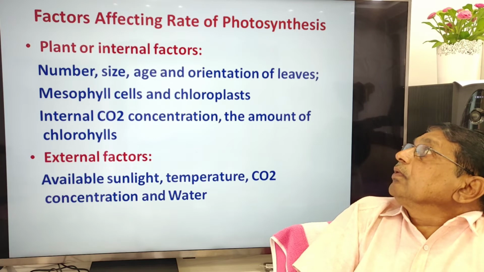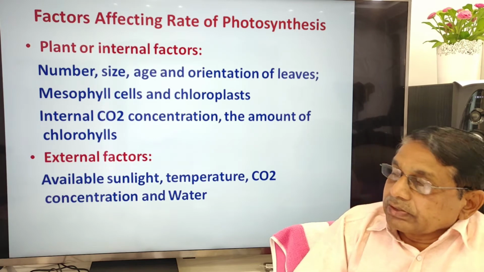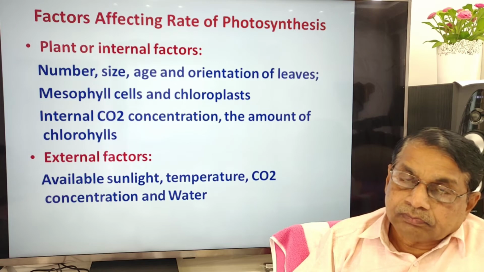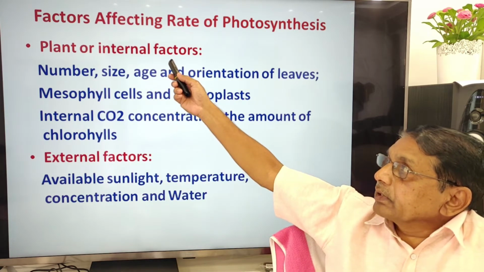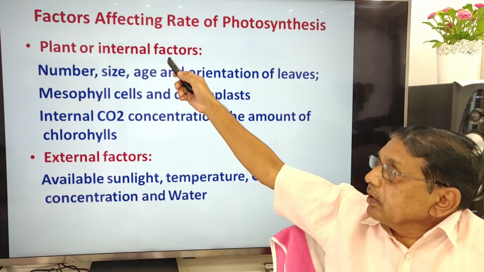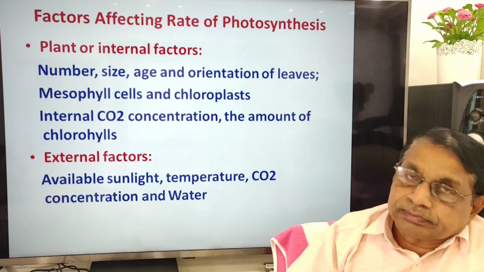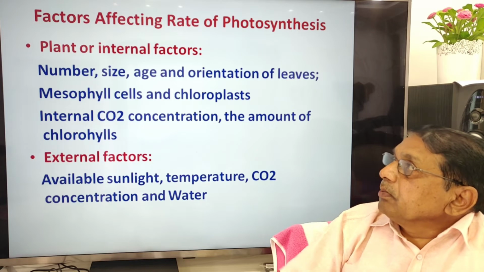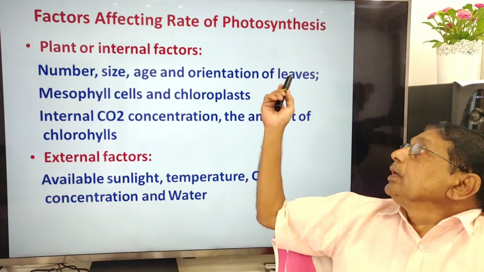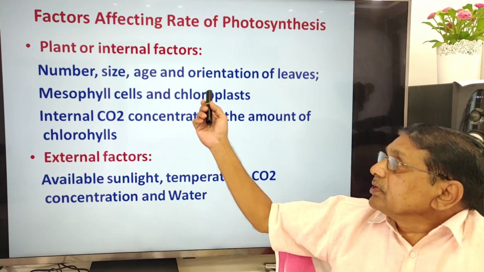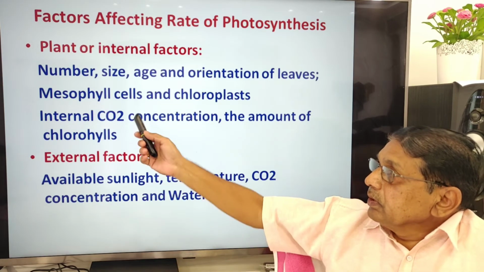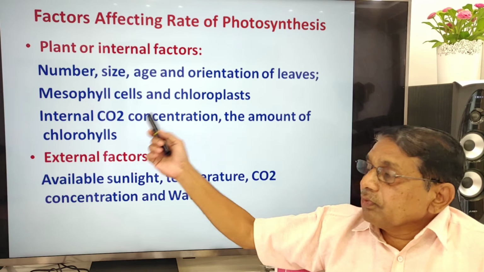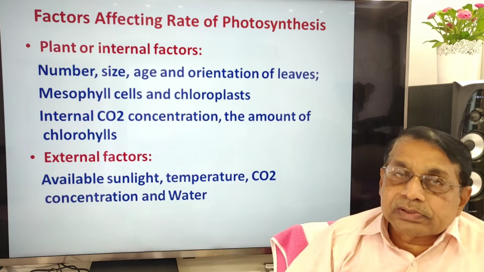Factors affecting photosynthesis. Broadly, external factors and internal factors. Internal factors: number, size, age, orientation of leaves, mesophyll cells, number of chloroplasts, internal carbon dioxide concentration, the amount of chlorophylls, types of chlorophylls.